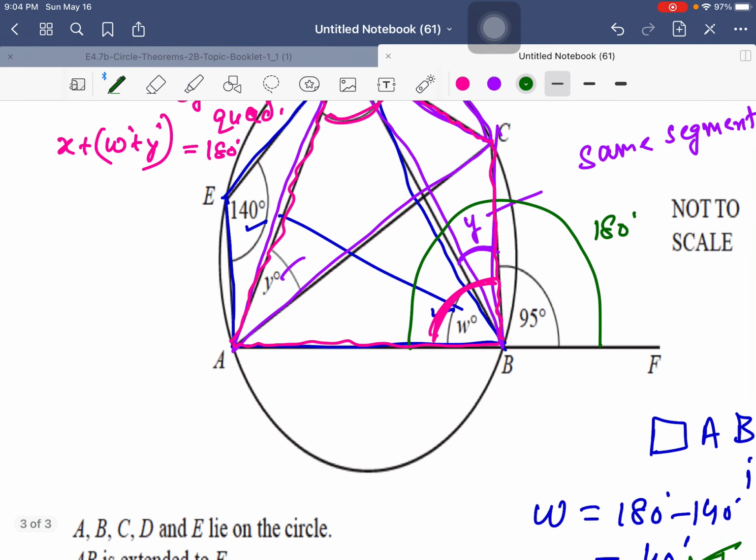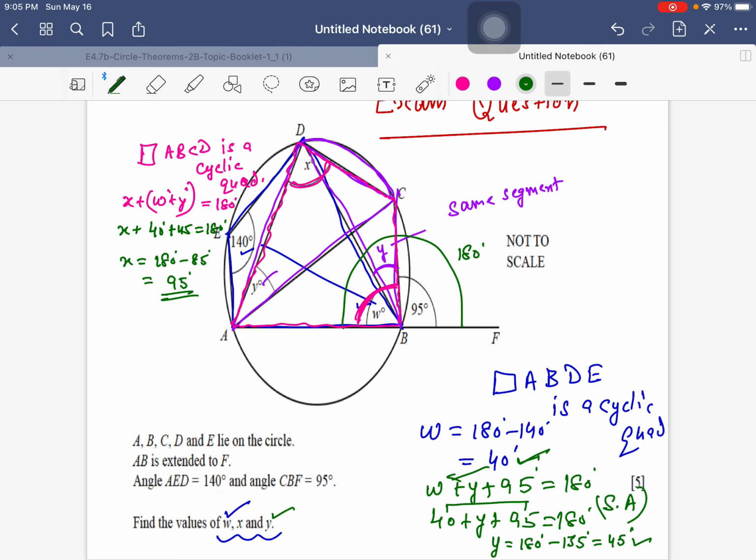So 40 plus 45 plus x is equal to 180. So x will be equal to 180 minus 85, which is 95 degrees. So x is 95. We got x.